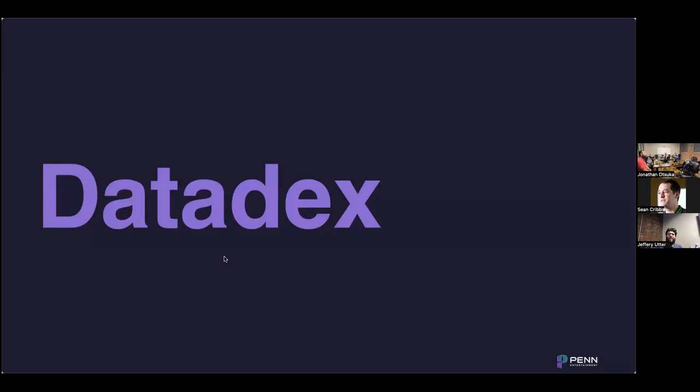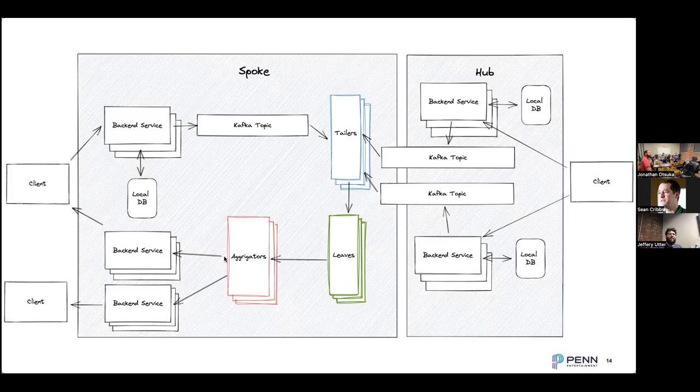So I already said the name of the project. It's called DataDex, and I'm going to hit on the architecture of it. We have a hub and spoke architecture because of those geographic restrictions I was talking about. Some data can be global. Fortunately, I'm kind of removed from the data that people put into our system. I'm just building the system, so any of my examples are totally contrived.